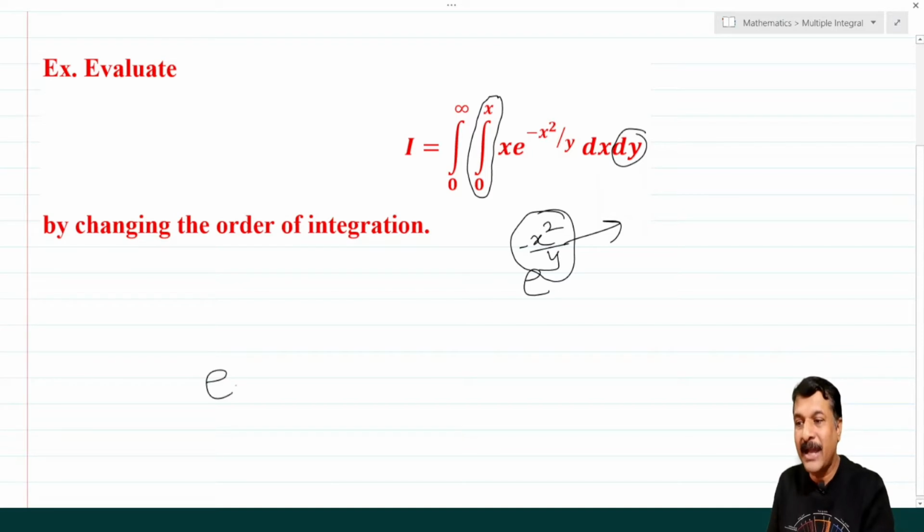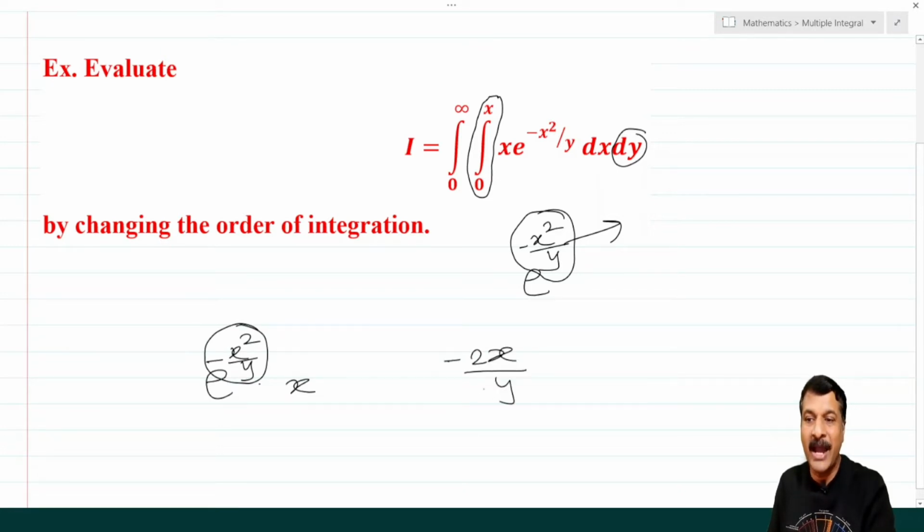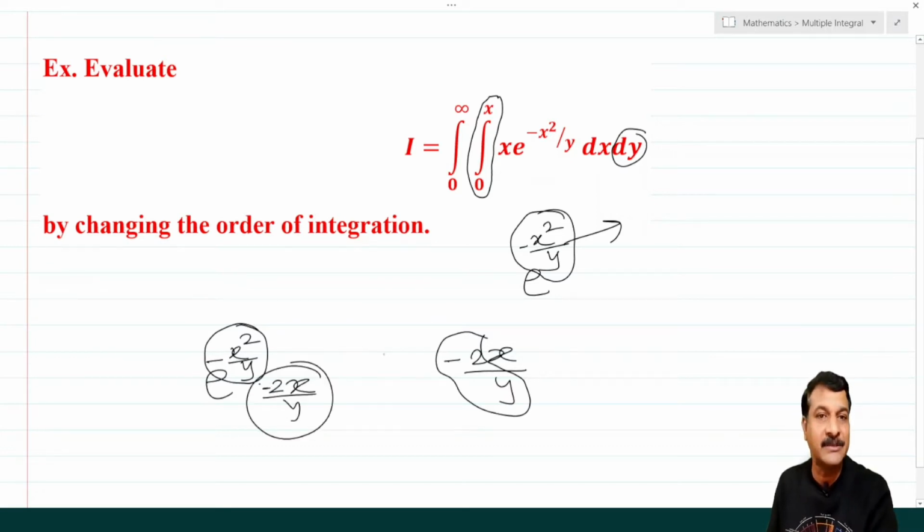But if we integrate with respect to x, the derivative of the exponent with respect to x is minus 2x by y, and here 2 and y are both constant when we take x. So I can adjust this, and that is why integration with respect to x is easy. So even if the example just says evaluate, it is necessary to change the order of integration.